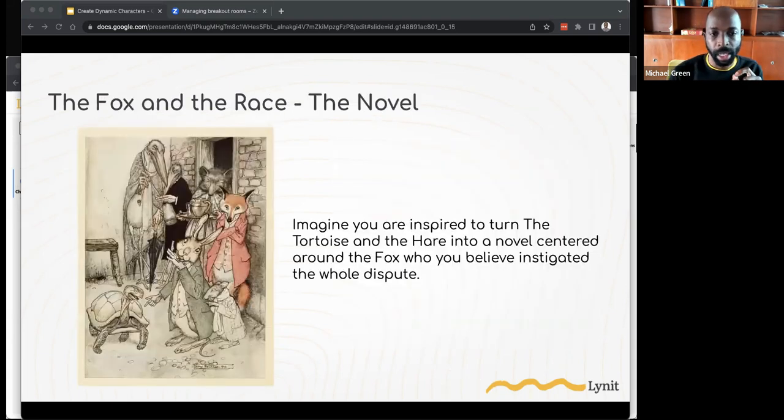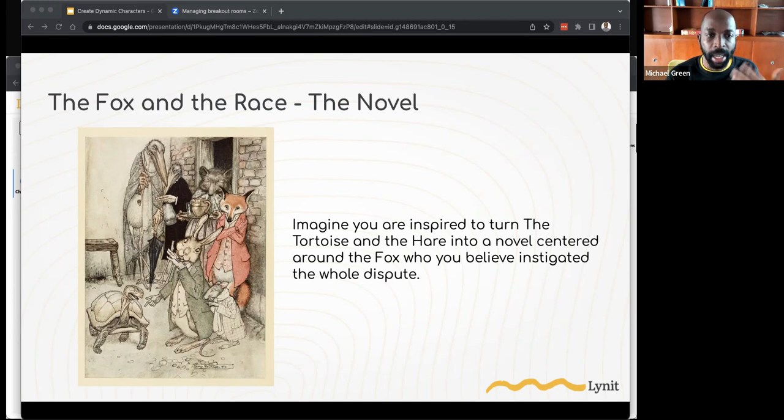For this workshop, if you've been to a Lynit workshop before, you know that we use the story of the tortoise and the hare as a backdrop to discuss the different tips and structural components of a story. We're going to do the same thing this time.